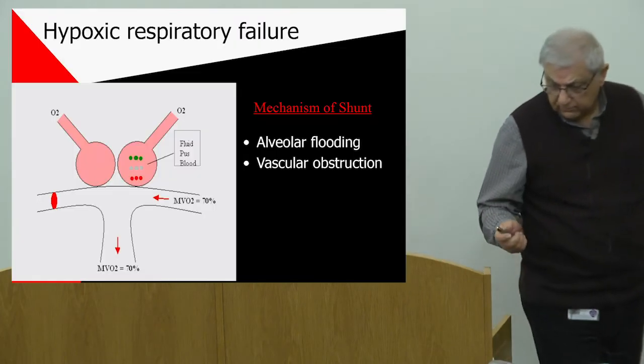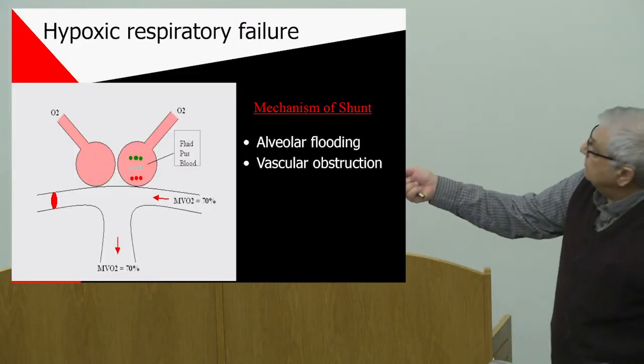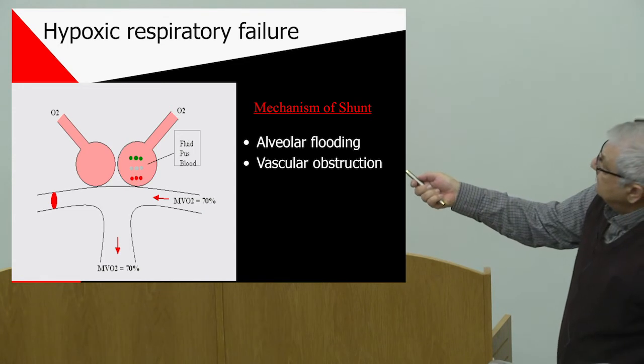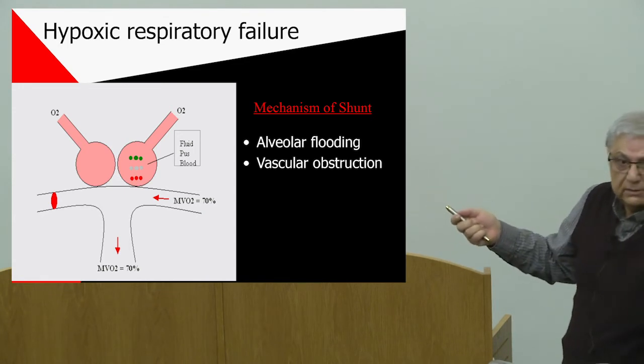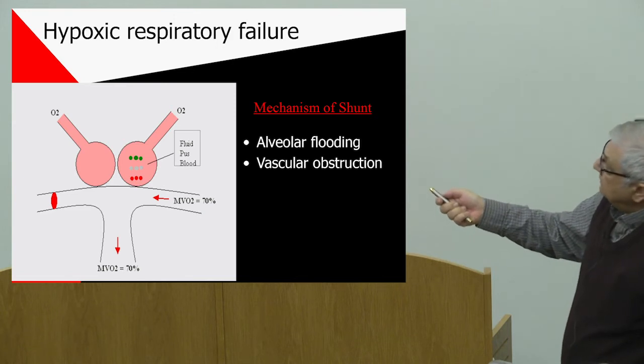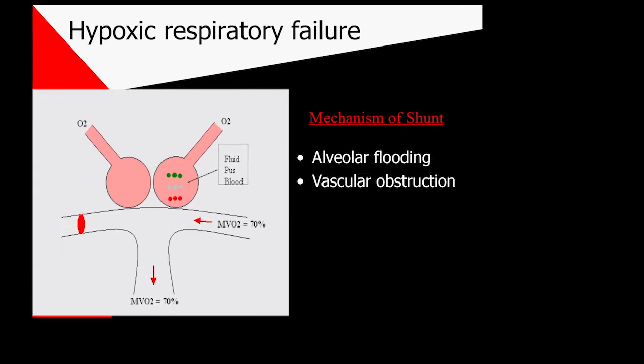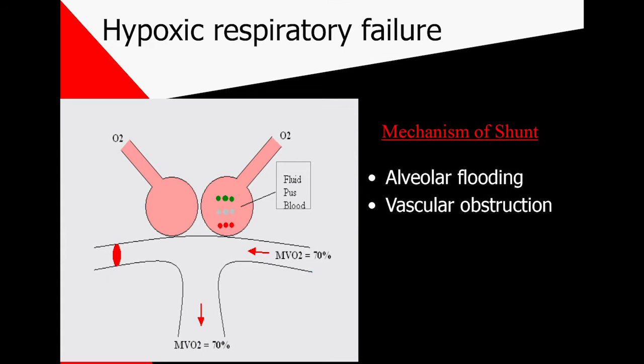Shunt is when the blood comes from the mixed venous. This is mixed venous oxygen. It comes in at 70, and normally it becomes 99, 100%. When there's shunt, it bypasses the alveolus and it comes in at 70 and comes out as 70.